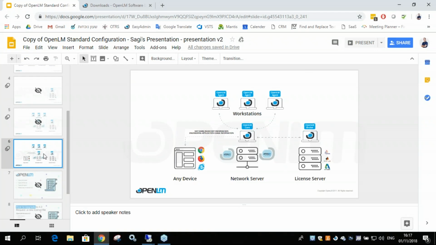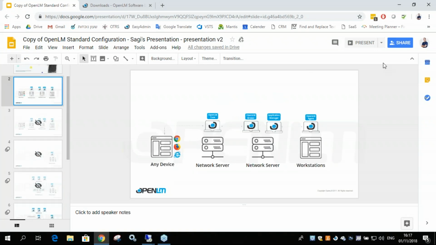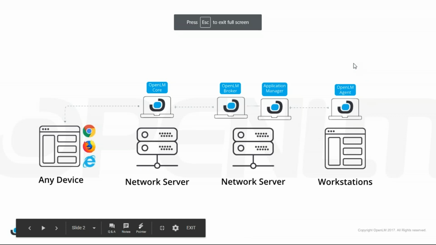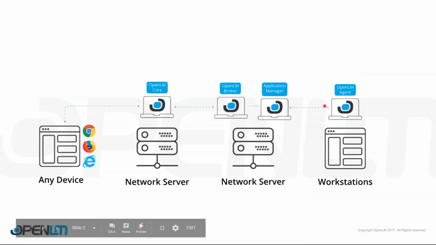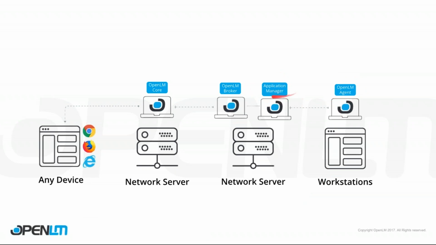Now let's go back and see what's the configuration needed for the App Manager. So here we got the workstations. On them we have the OpenLM Agent. The OpenLM Agent connects to the App Manager. The App Manager connects to a broker.